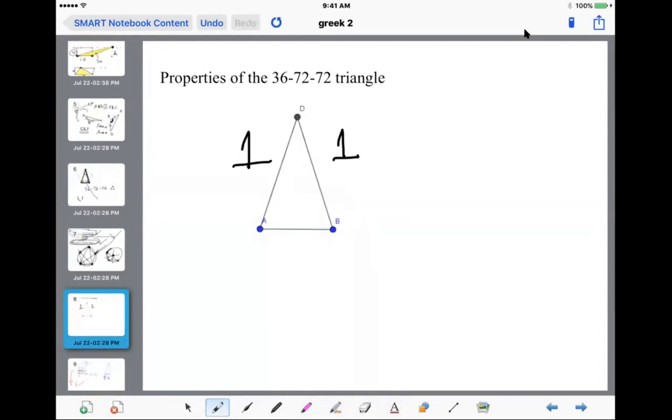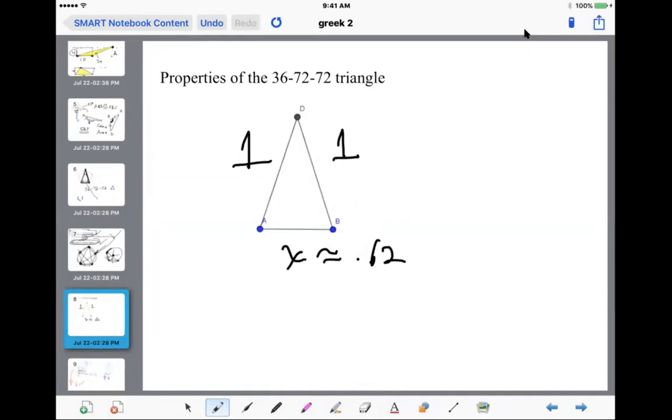And if I could somehow figure out what the length of this bottom side is, let's just say that I found out that it was 0.62. Let's just say I somehow figured that out.